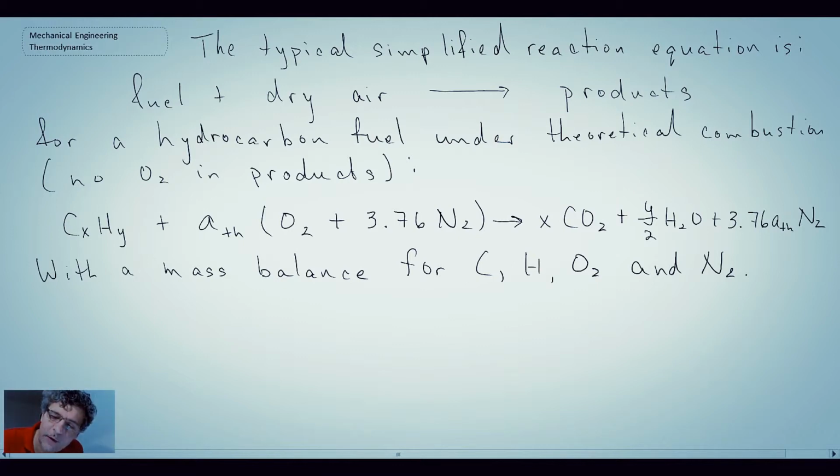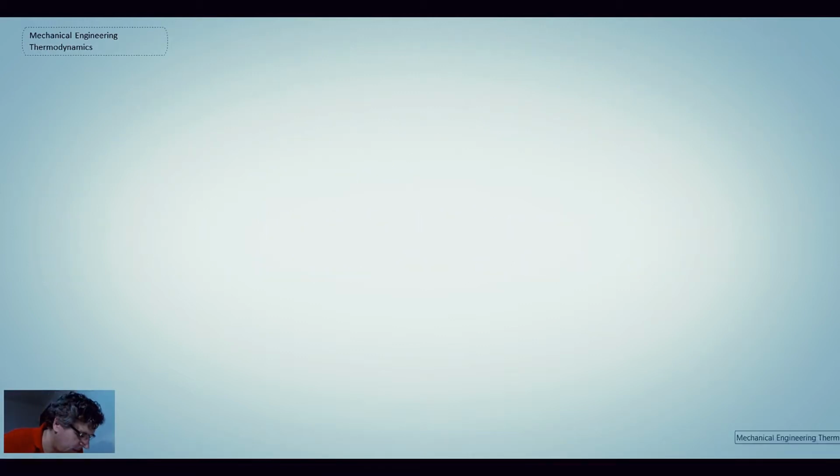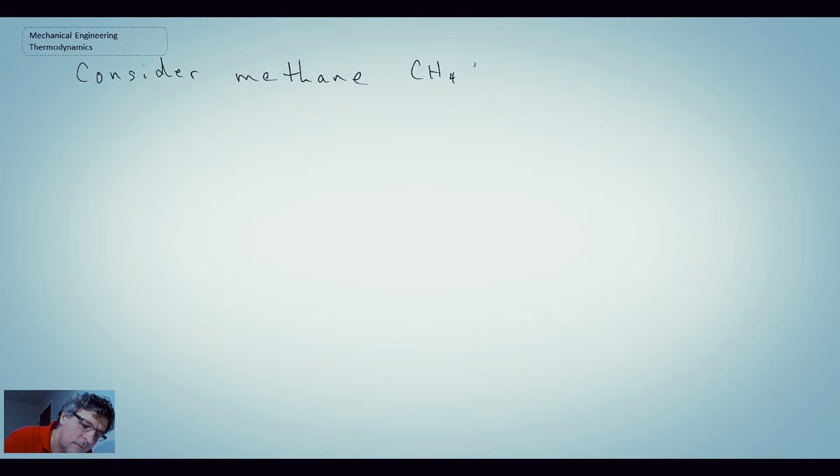So we're now going to do this for a simple fuel. We'll consider a hydrocarbon fuel of methane. So if we take methane and we write out our reaction equation, we have the theoretical amount of air.